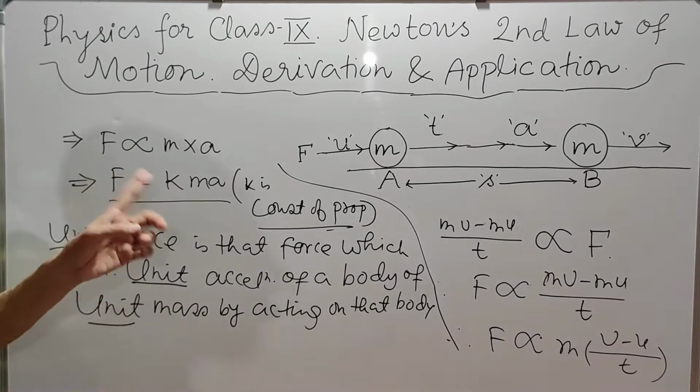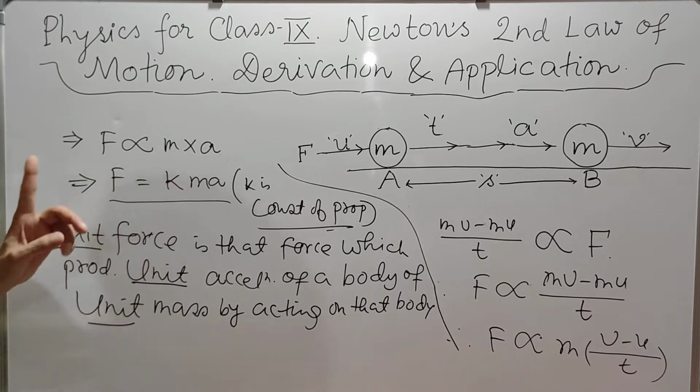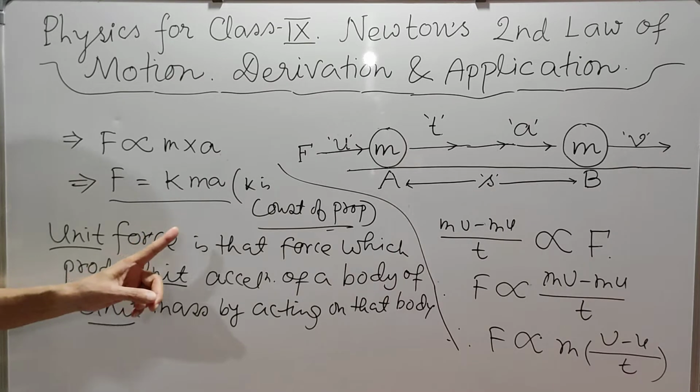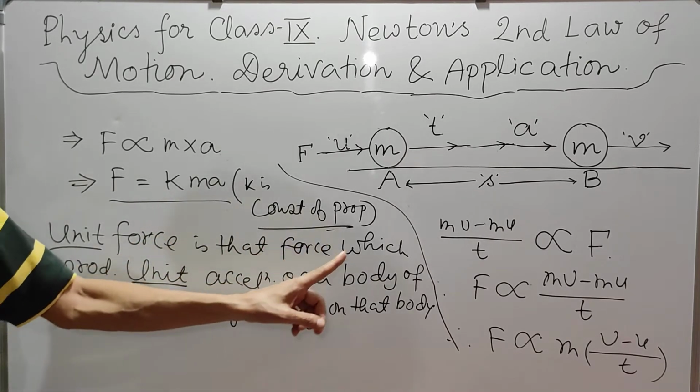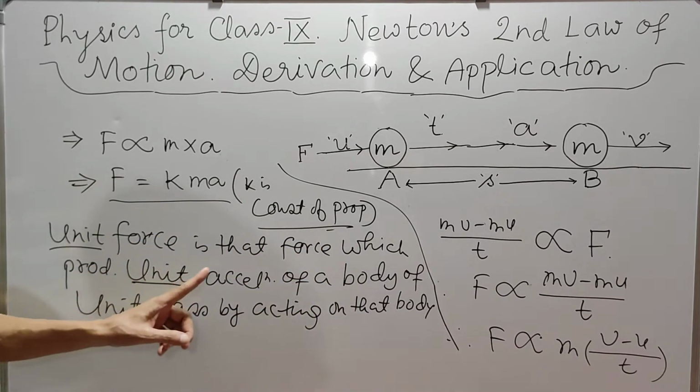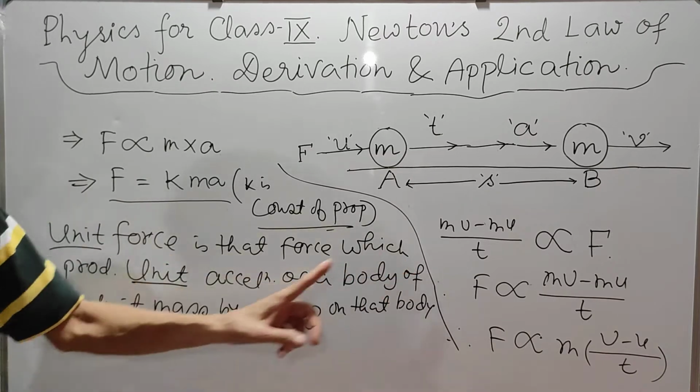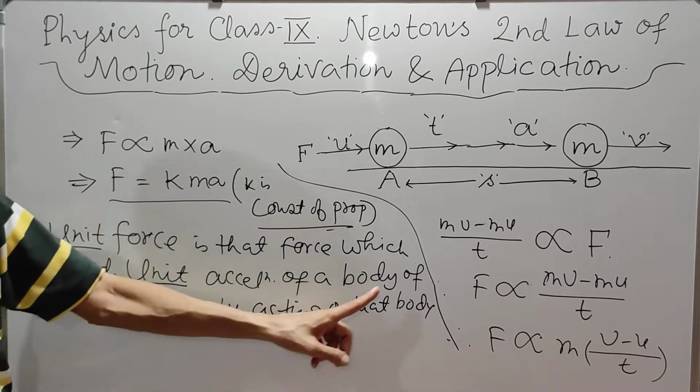So in order to make the value of K equal to 1, scientists have defined unit force as that force which produces unit acceleration of a body of unit mass by acting on that body.